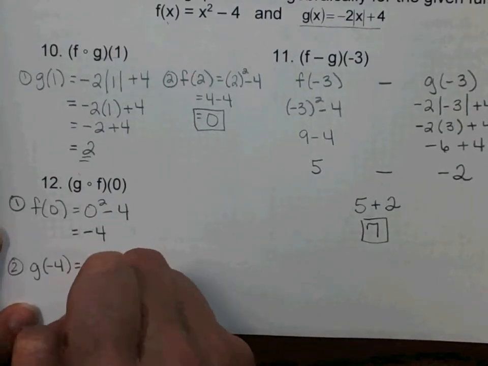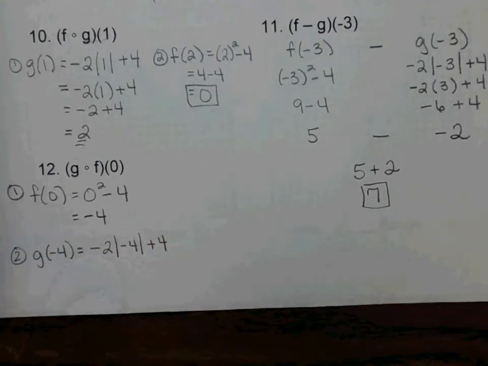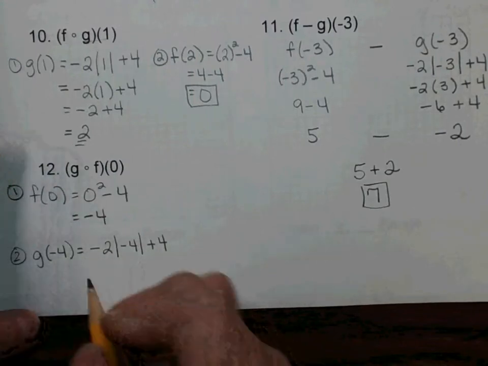So this is -2 times the absolute value of -4 plus 4. Do absolute value first. What is the absolute value of -4? 4.